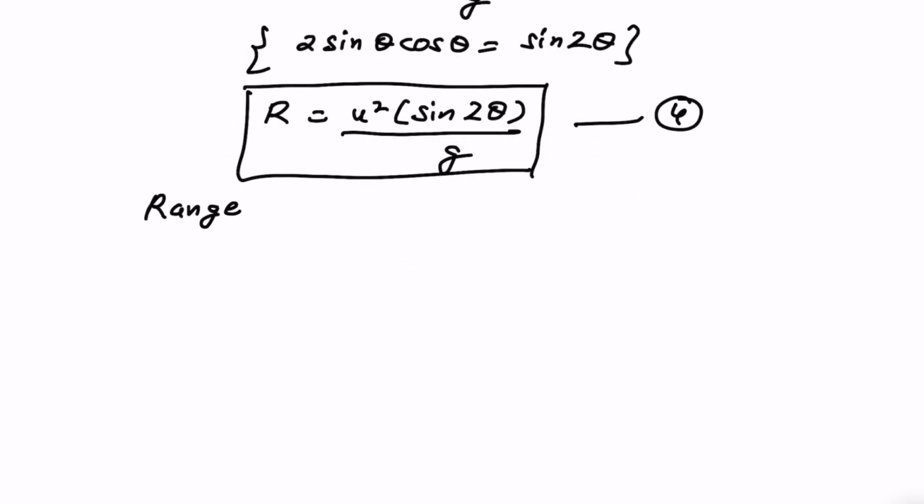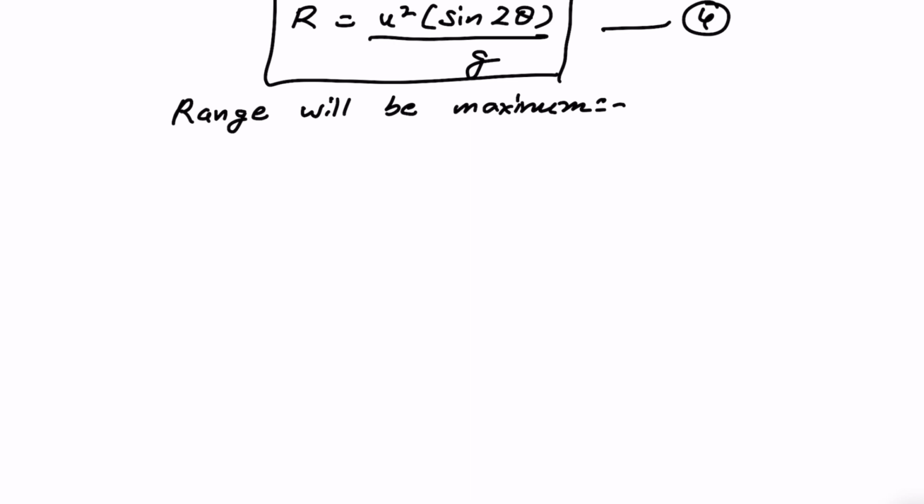We want to find when the range of the body will be maximum. Assuming that the person can throw the object with the same velocity, u is fixed, g is fixed, he can vary the angle at which he is throwing the ball or the particle. So the value of range will be maximum when the value of sine 2 theta is maximum.